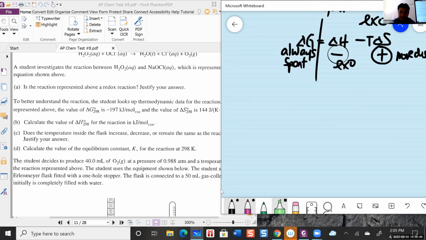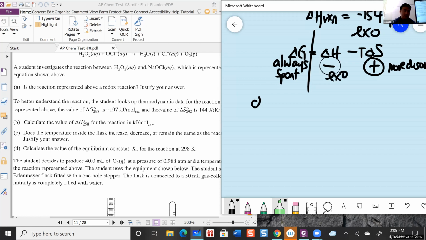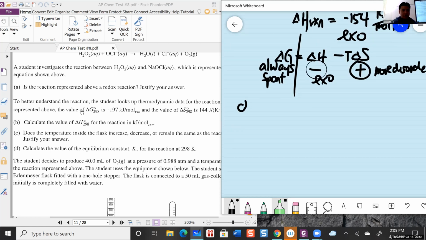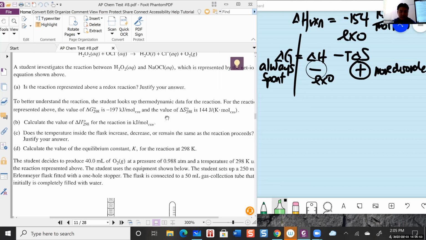Let's look at part C. Part C is the interpretation of what delta H is. We got a negative answer, so the reaction is exothermic, right? So does the temperature inside increase, decrease, or remain the same as the reaction progresses? Well, if it's releasing heat, it's going to heat up, so temperature increases because the reaction is exothermic. That's it. You can't just say temperature increases, okay?